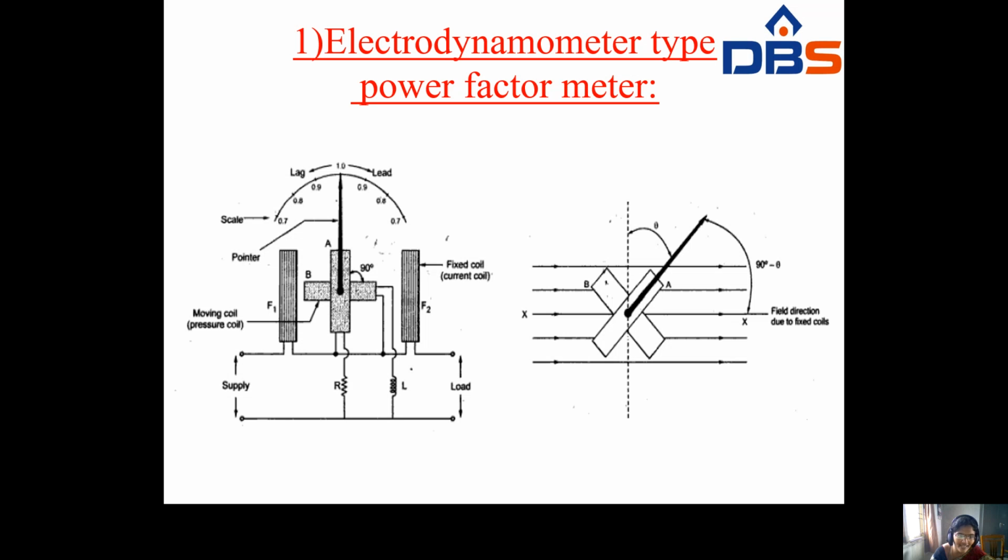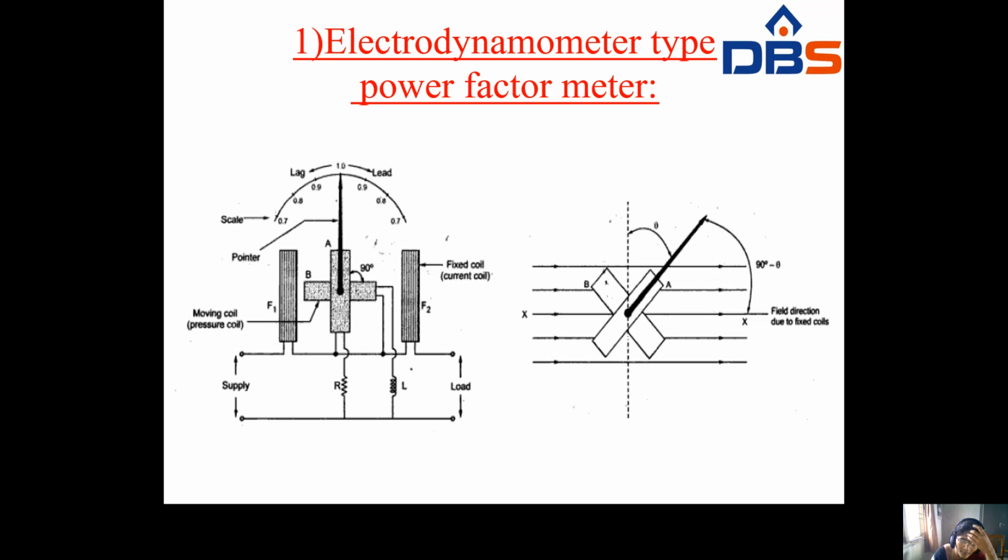This represents the lagging power factor value, this the leading power factor value, and this one the unity power factor value. This is the supply side and this is the load side. Whenever we give the supply, these magnets experience a force, and the magnets will move in this direction.